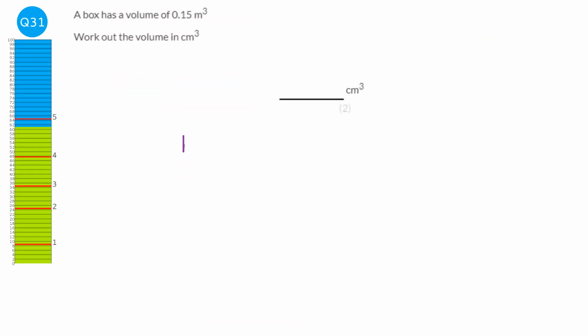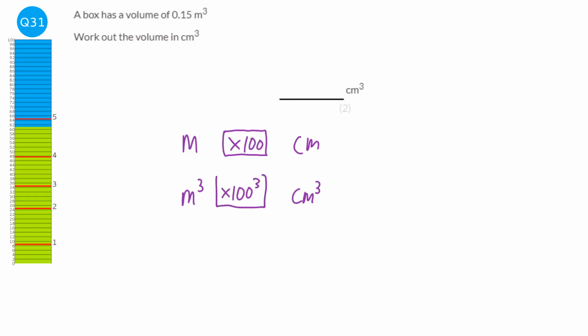To convert from meters to centimeters, we times by 100. But here we're asked to convert between meters cubed and centimeters cubed. So we times it by 100 per dimension. Meters cubed and centimeters cubed is volume, which is 3 dimensions. So we times it by 100 three times, times 100, times 100, times 100, or times by 100 cubed.